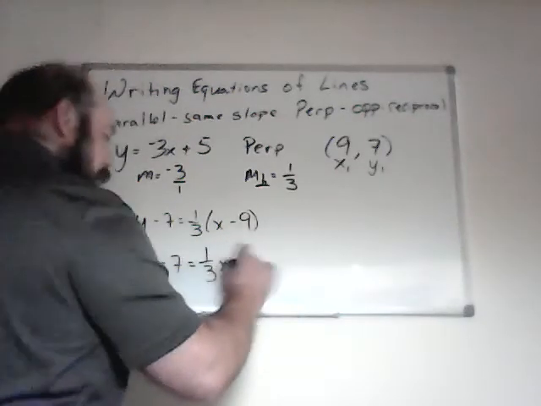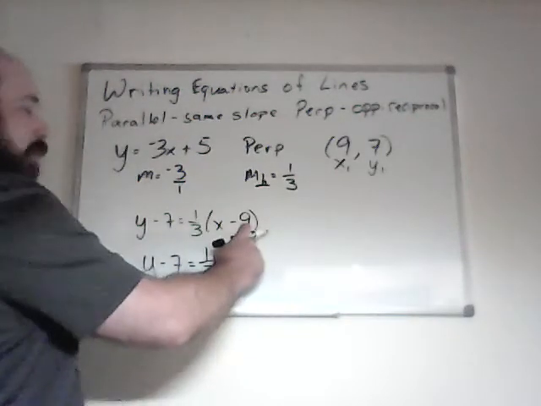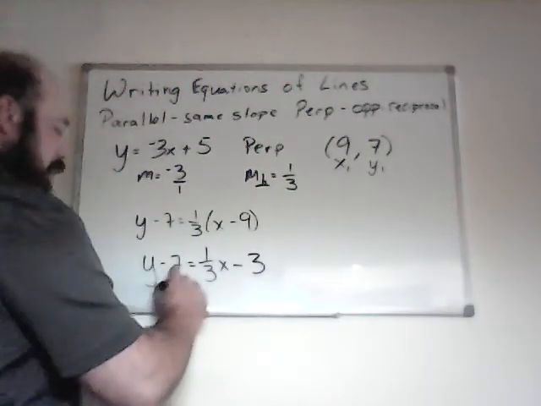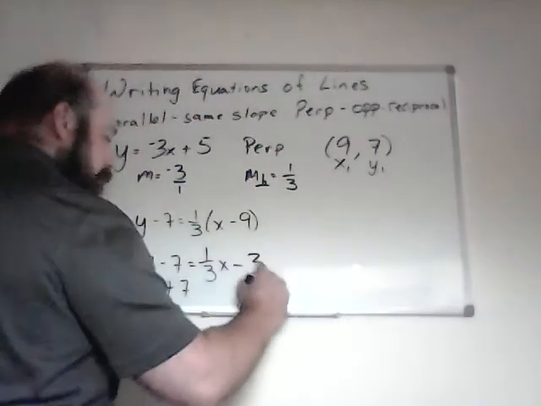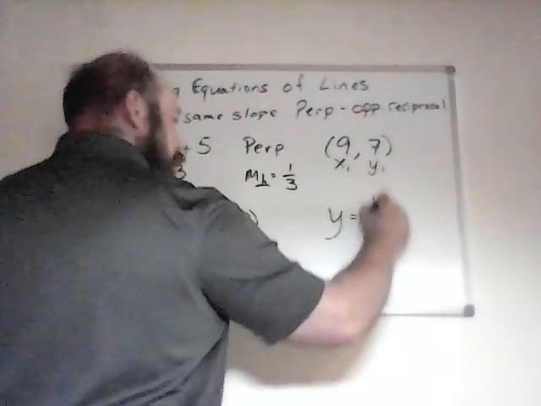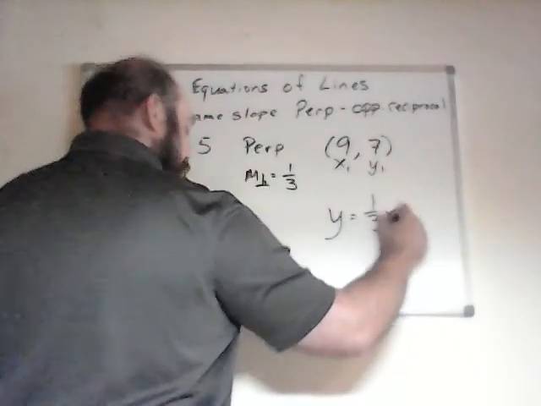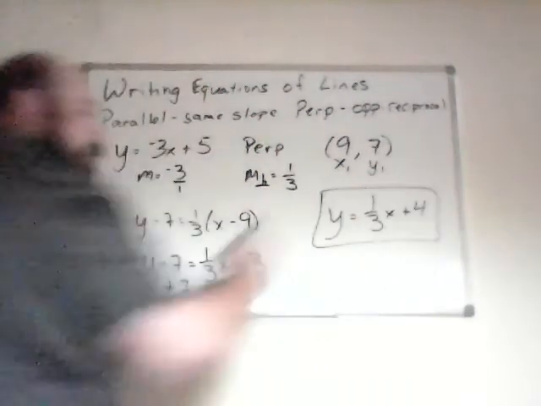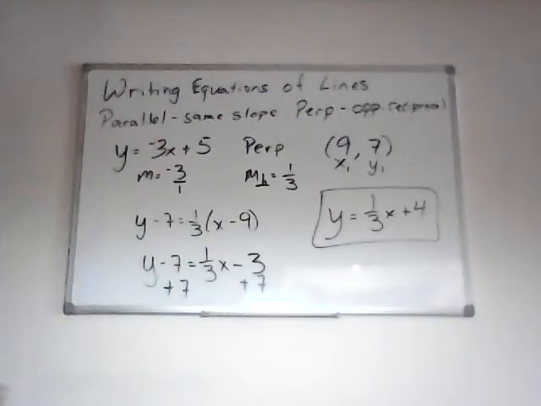We distribute, now we're taking 1/3 times 9, so that's going to give me 3. So again, I'm going to add 7 here, and I'm going to wind up with a final answer of y equals 1/3 x plus 4. Okay, so that's finding a perpendicular line.